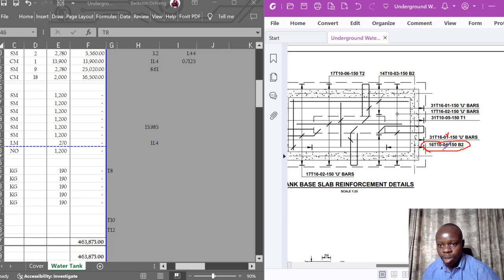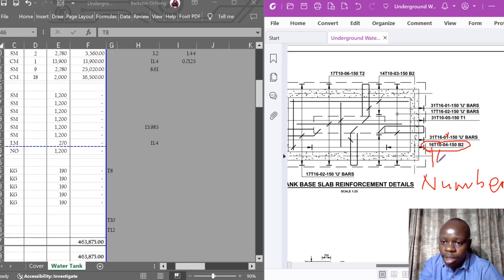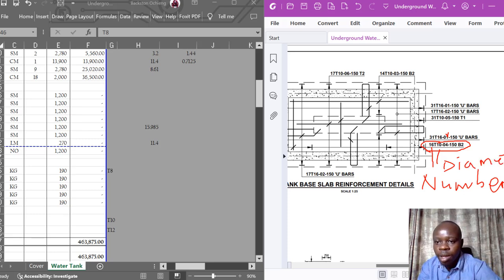The first 16 stands for the number of the bars. So it means there are 16 T10. The T10 is the diameter of the bar, so that means there are 10 millimeter bars, and there are 16 of them.